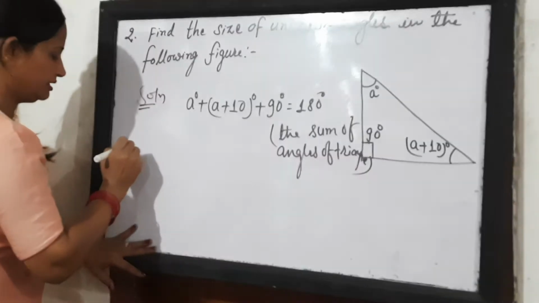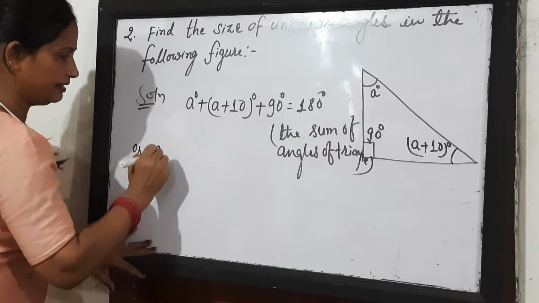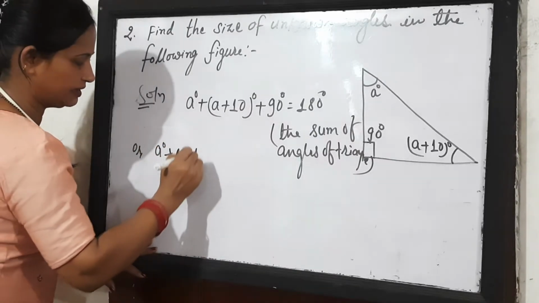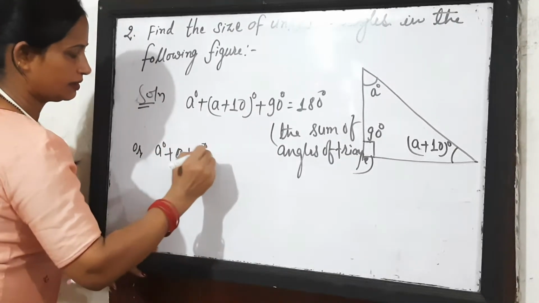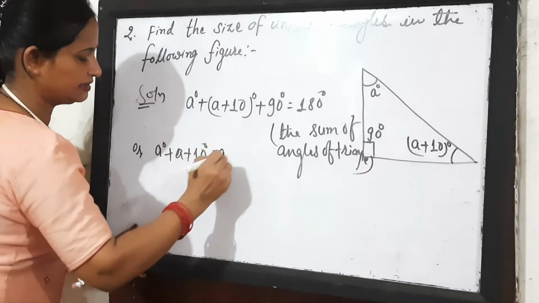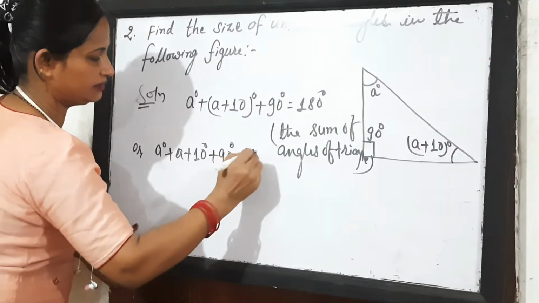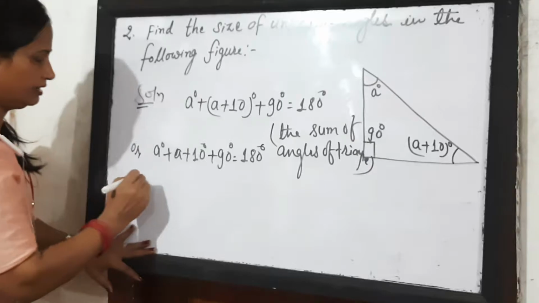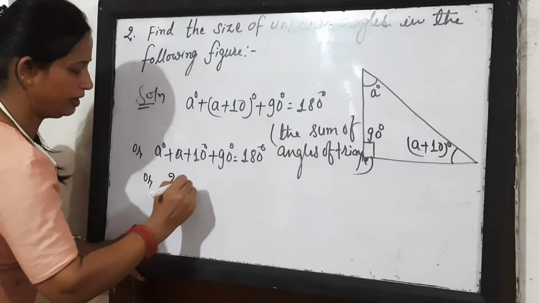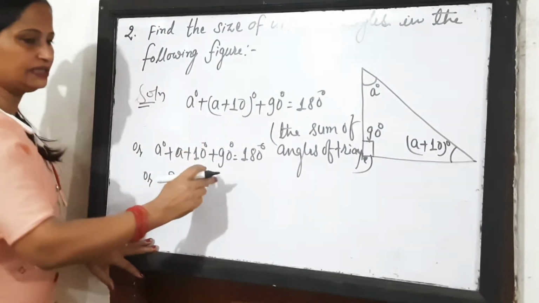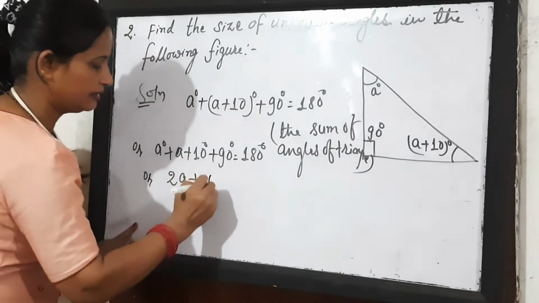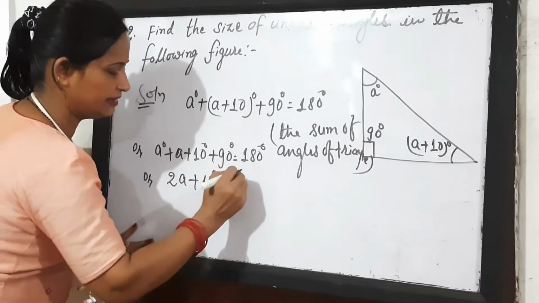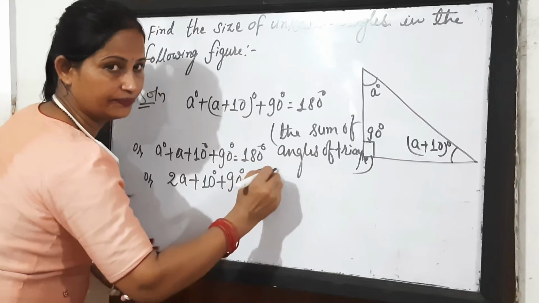Again, a degree plus a plus 10 degree plus 90 degree is equal to 180 degree. Very easy it is. Now a and a, 2a plus 10 degree plus 90 degree is equal to 180 degree.